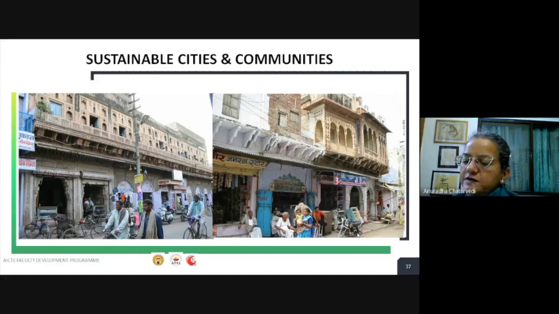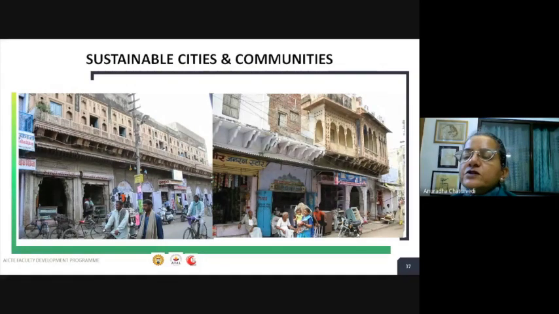These kind of historic cities also are very pedestrian friendly. They are generally safe because of the strength of the community networks which are still present within them. So, Sustainable Development Goal 11, Target 2, which is related to access to safe, affordable, accessible, and sustainable transport for all, improves road safety, expanding public transport with special attention to people in vulnerable situations.